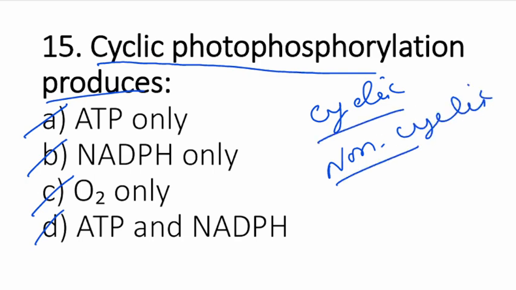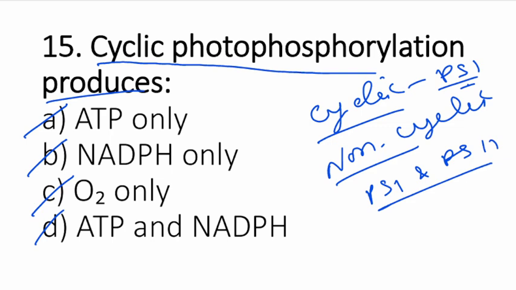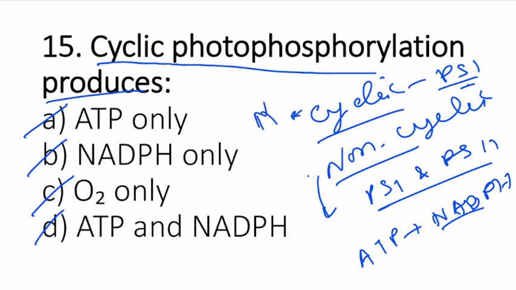In cyclic phosphorylation, PS1 is involved, whereas in non-cyclic, PS1 and PS2 both are involved. In non-cyclic photophosphorylation, ATP plus NADPH both are produced, whereas in the case of cyclic, only ATP is produced. So the correct answer for that question will be ATP only.